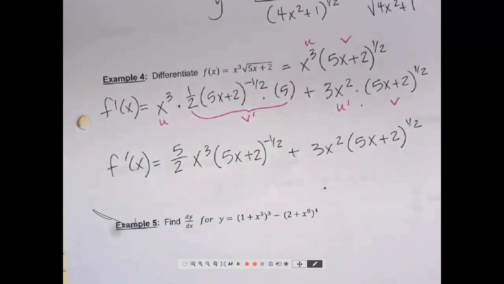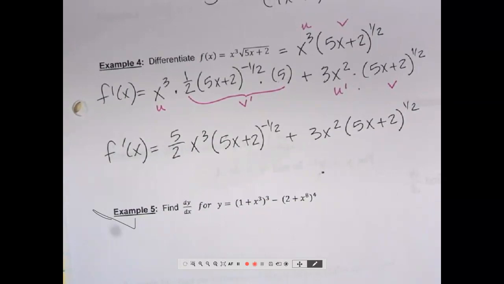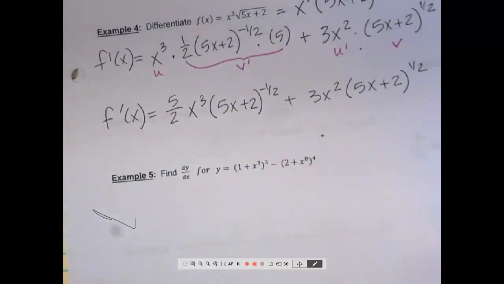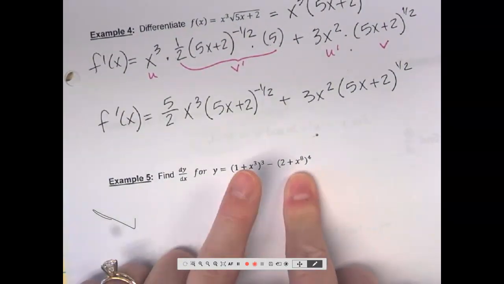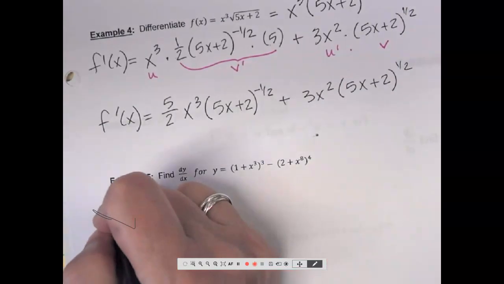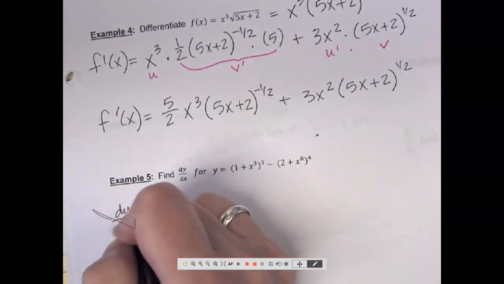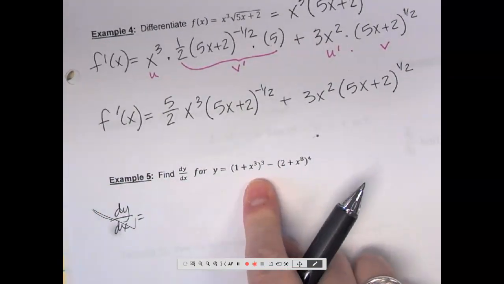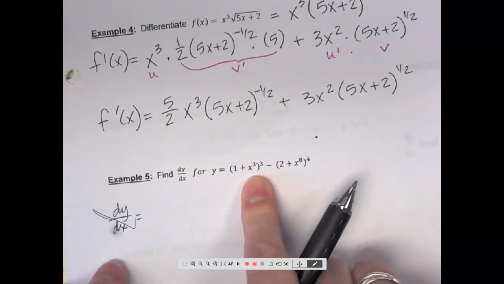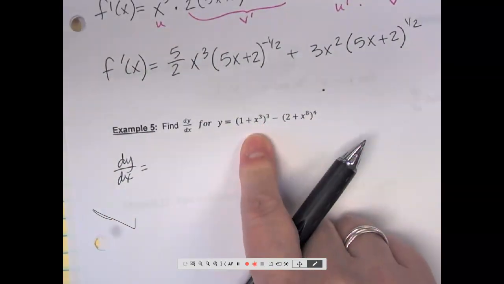All right, let's try this next one. Find dy dx for y equals blah, blah, blah. All that stuff. Okay, so I see two different terms. So let's take them one by one. dy dx. Okay, tell me what I would take care of first with this problem, with this term.